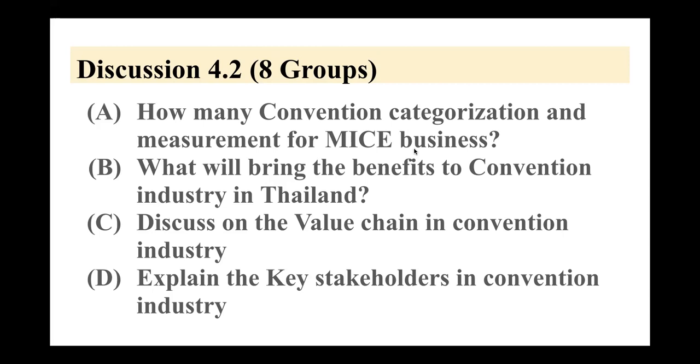And second, convention center, a facility for meeting and exposition without sleeping rooms. And finally, hotel, a facility that provides sleeping rooms, meeting space, function rooms, food and beverage. Next.